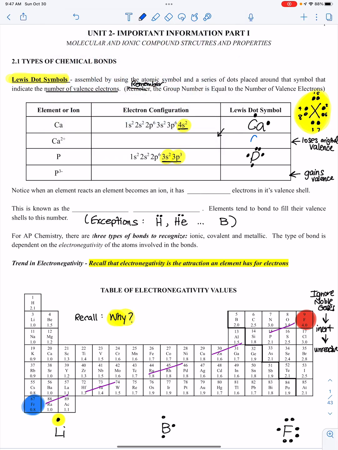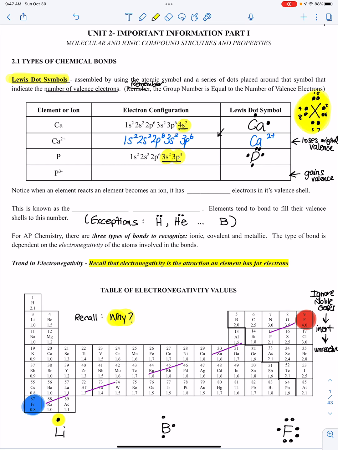So I'm going to draw that as just Ca2+. And the electron configuration would be 1s2, 2s2, 2p6, 3s2, 3p6. This would be the new electron configuration for calcium 2+. It lost 2 electrons from the 4s energy level.